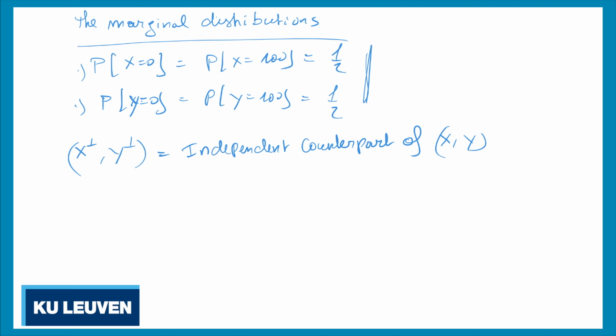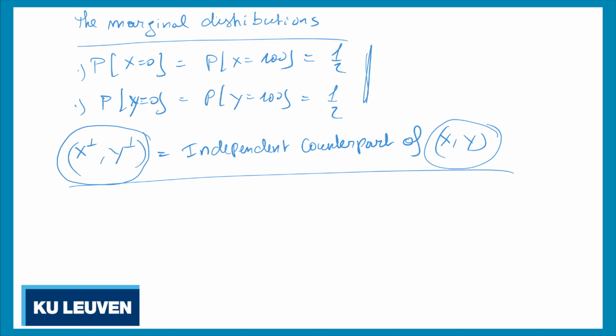So it means that our real situation is described by the random vector X, Y. The independent counterpart, X independent, Y independent, is a random vector having the same marginal distributions as the random vector X, Y. So it means that X independent has the same distribution as X. Y independent has the same distribution as our original random variable Y. But for the dependence structure, we have that X independent and Y independent are now independent.